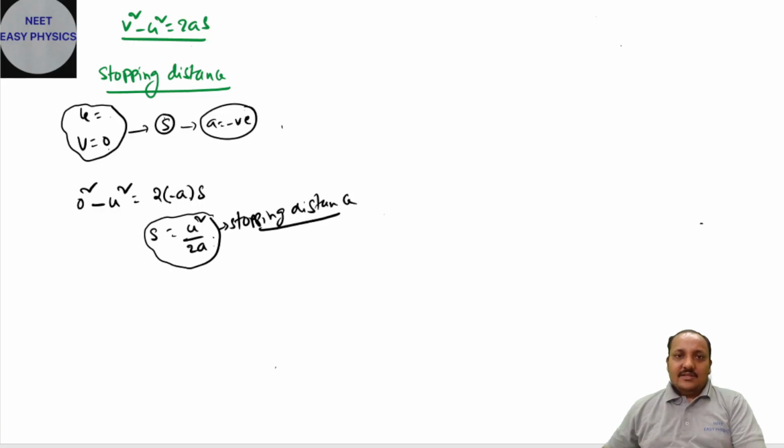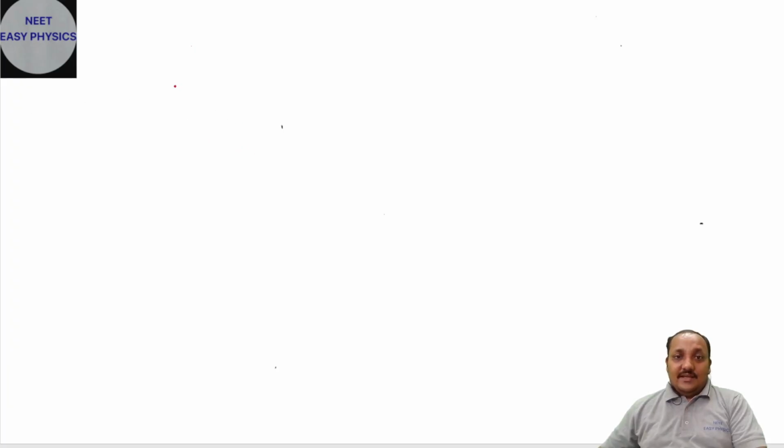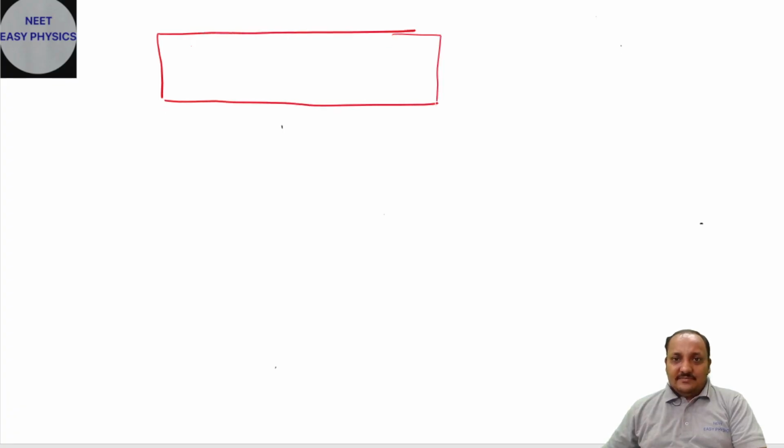Even in friction, this equation is going to be important. How acceleration is going to change, we will see there. So this is the equation for stopping distance. Next, they will ask: a bullet is fired from the gun with some initial velocity u.